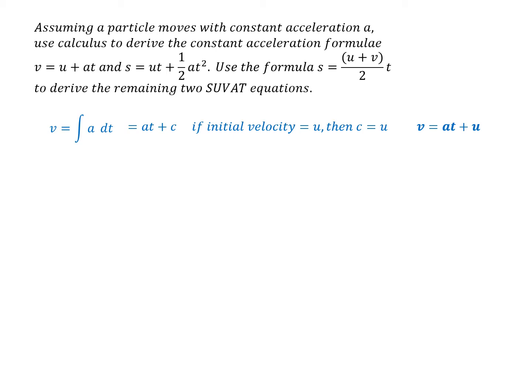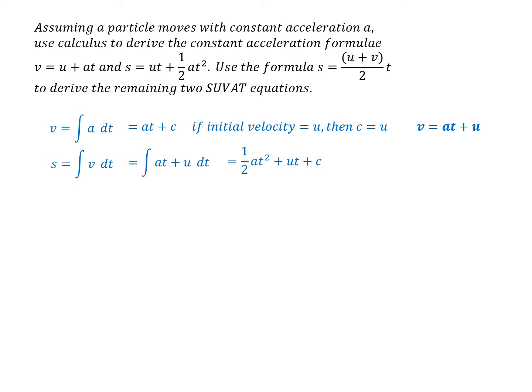What about the other one then? So displacement is the integral of velocity, and we've got an expression for velocity here now. So the integral of at plus u with respect to time, remembering that a and u are both constants.